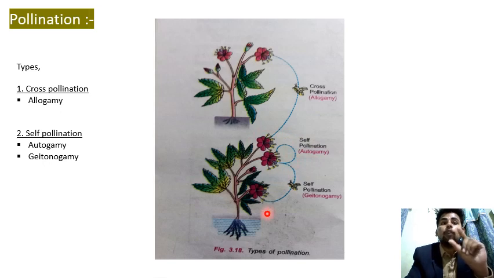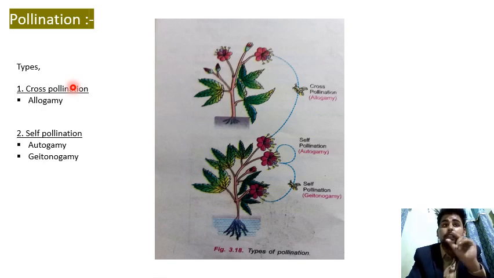This can be carried out by many things like gravity, wind, or through the contact of the floral parts. The next one is cross pollination. Cross pollination is also known as allogamy. This is the transfer of pollen grains from the anther of one flower to the stigma of a flower of another plant.